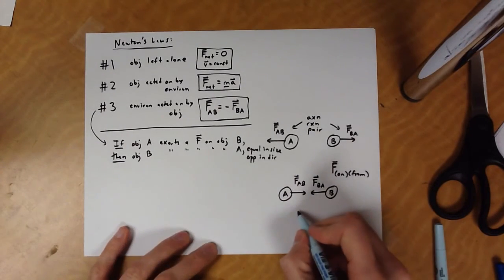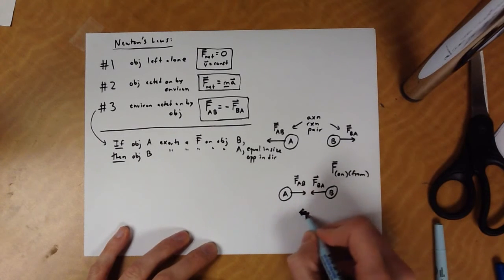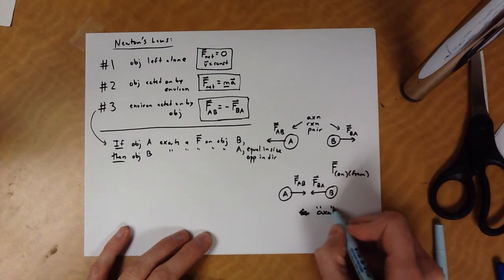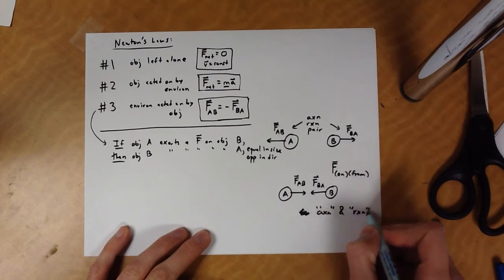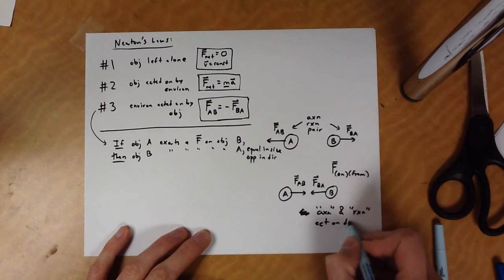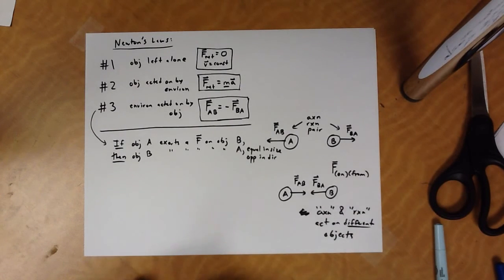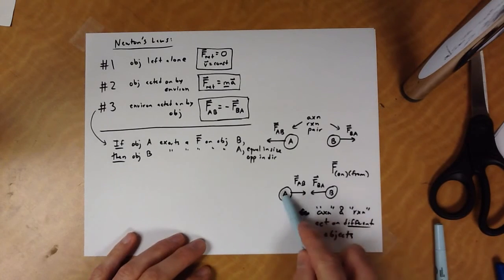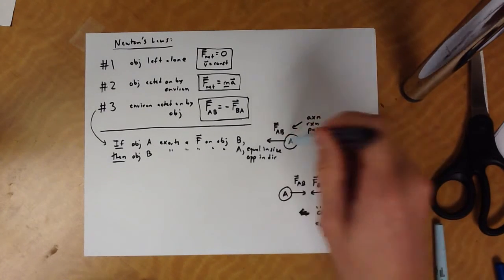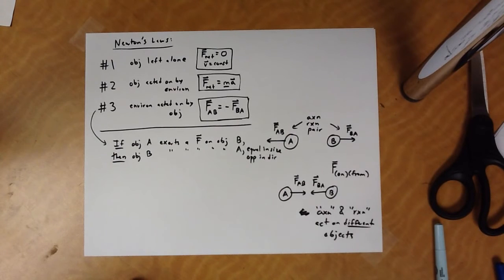So note that the action and the reaction act on different objects, okay? The third law is an interaction law, so it's saying how two objects affect each other. So they both feel a force.